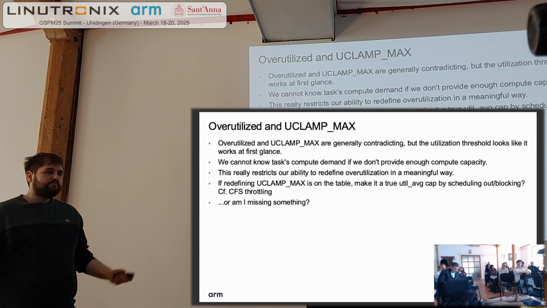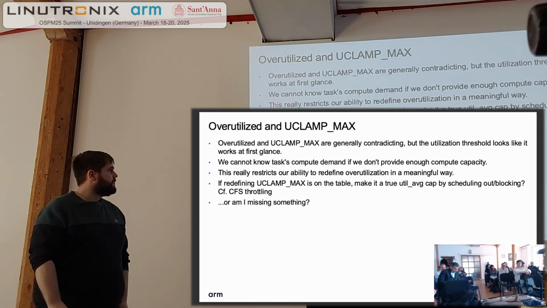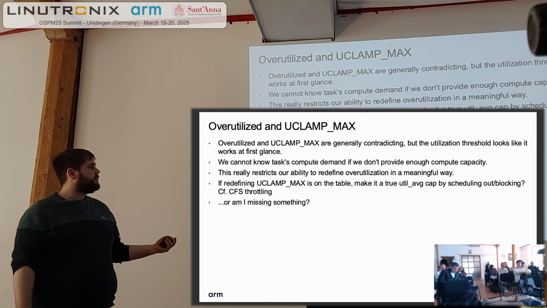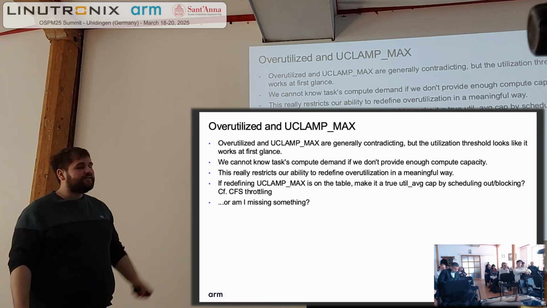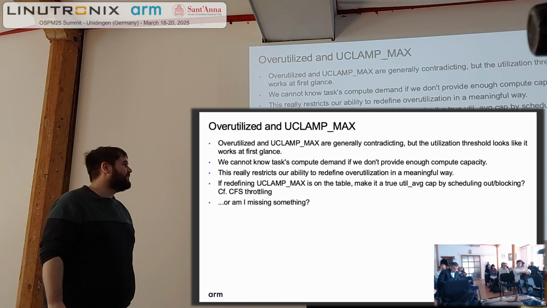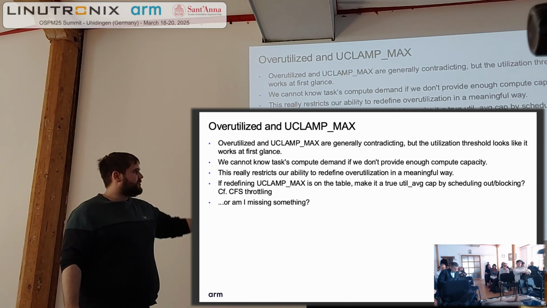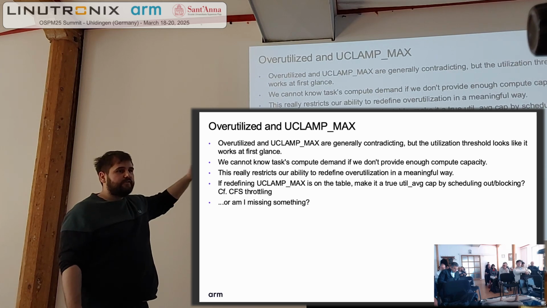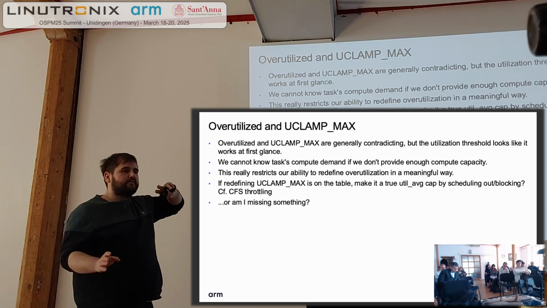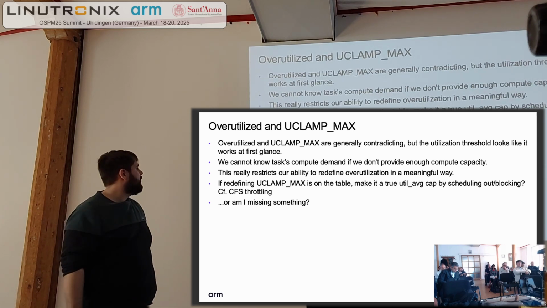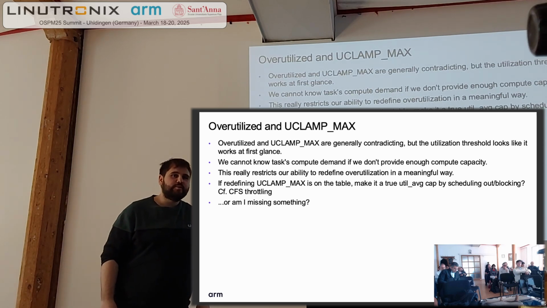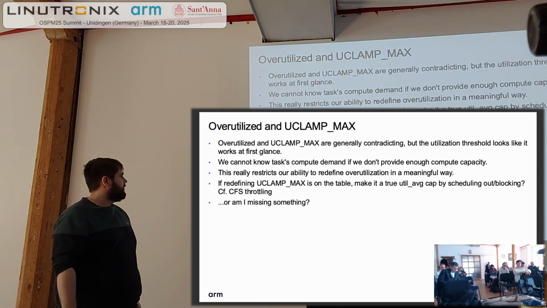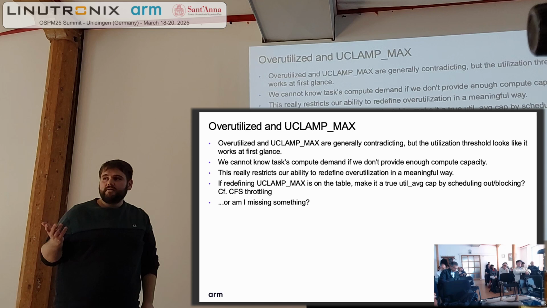It's just a fundamental issue, and that really restricts our redefinition of overutilized. I don't know what to do here. If redefining uclamp max is on the table, which it might not be, making it a true util average cap by scheduling out or blocking, similar to CFS throttling but HMP aware, would be one solution. Or am I missing something?